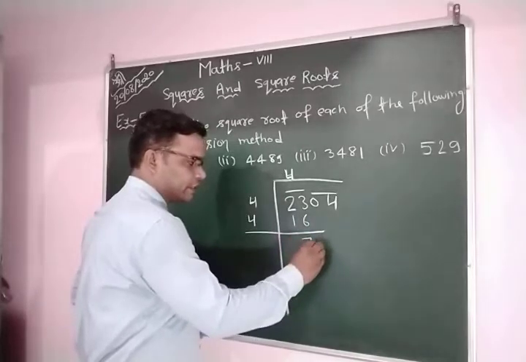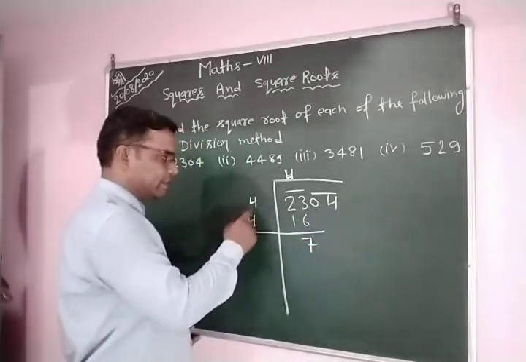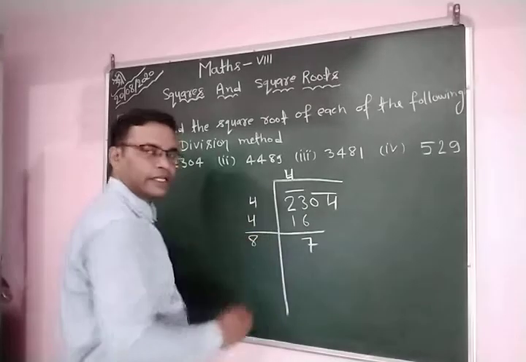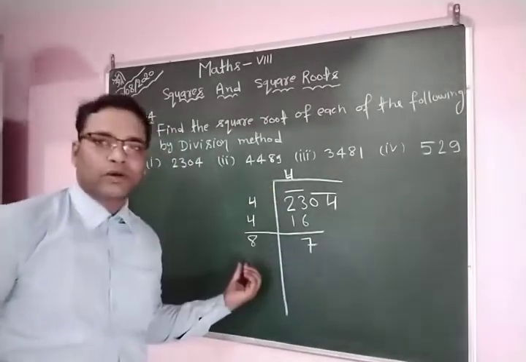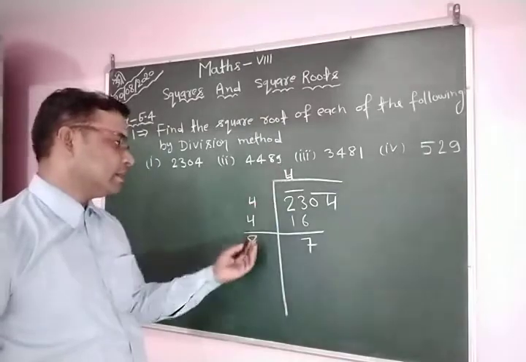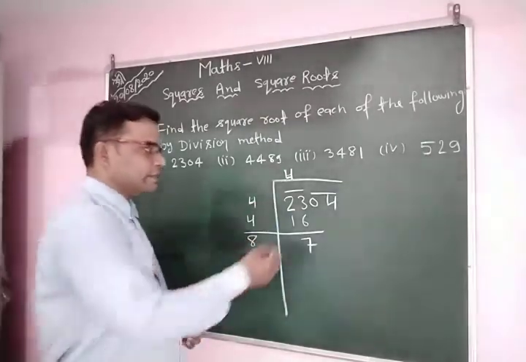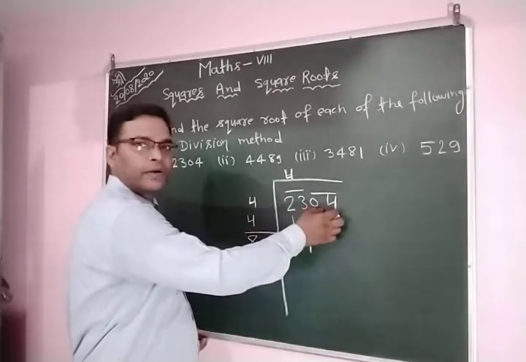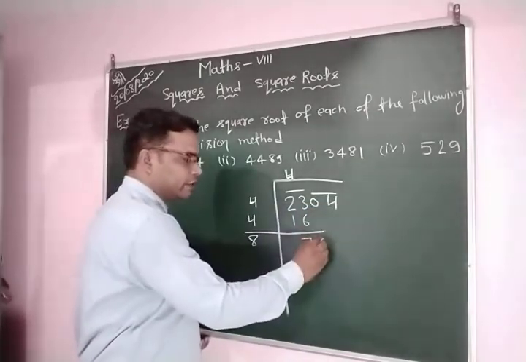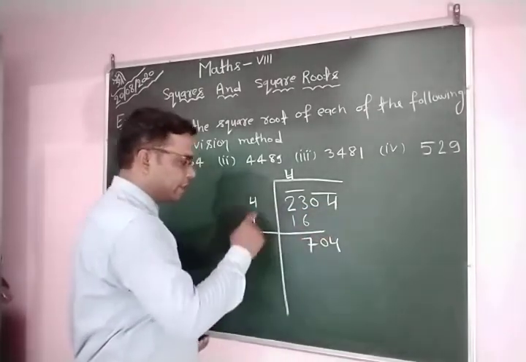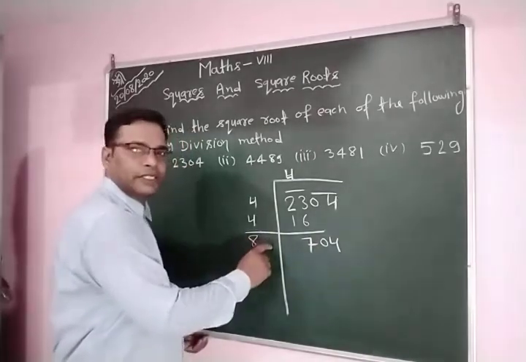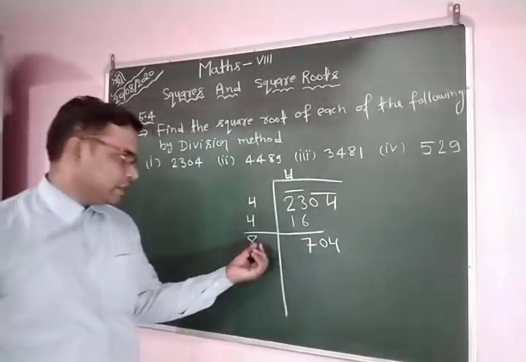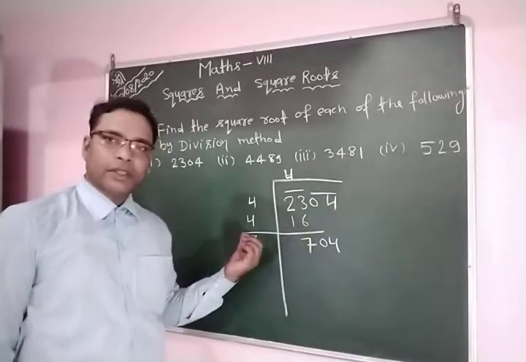Then add: 4 plus 4 is 8, or you can say double the quotient. Clear? Then bring down the next pair, which is 04. So write 04 here, and leave one space blank here, where we write a possible digit.